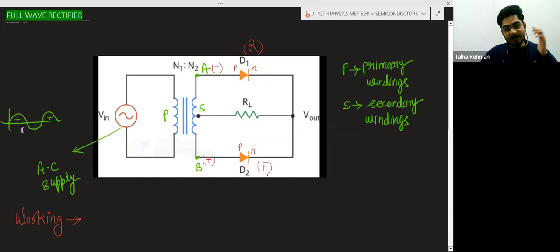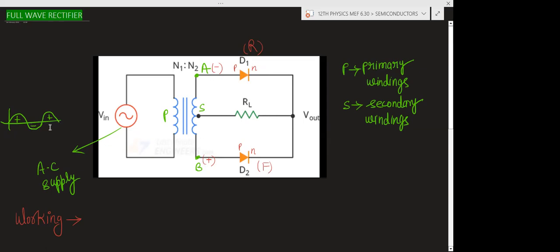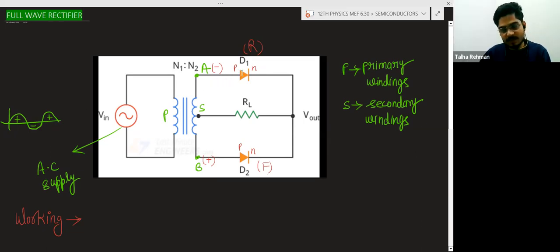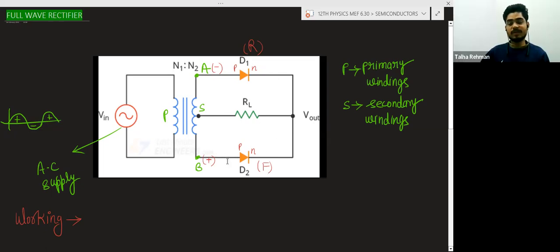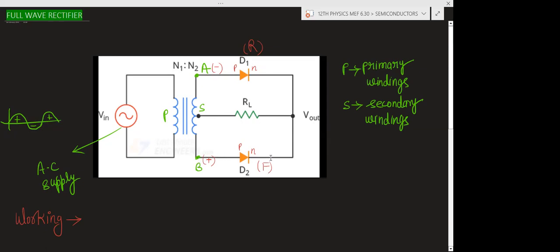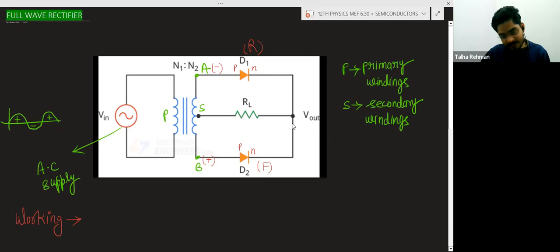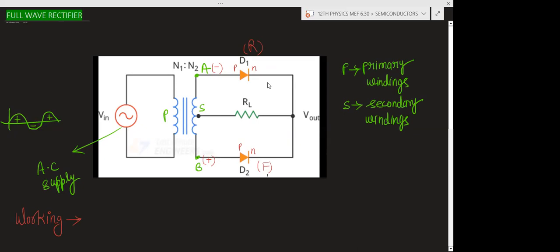But this time is the negative half cycle. In the negative half cycle, A is negative and B is positive. If A is negative, this is reverse bias, so there will be no current across this, but there will be current across this. This will conduct because it is forward bias. The current will flow through this diode and flow like this, and no current will go in this direction because this diode is not conducting.